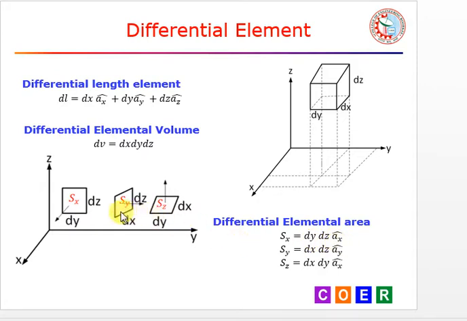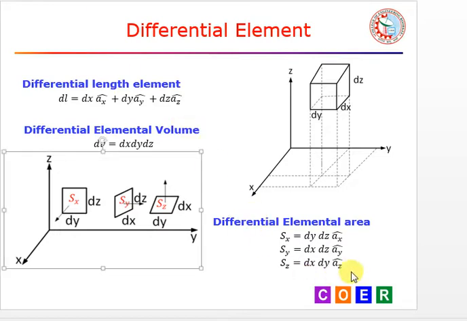And the second differential element area is Sy. Now we can write Sy equal to dx dz unit vector ay. Similarly, for the other plane, that is, the differential elemental area in the direction of z is Sz. Sz equal to dx dy unit vector ax.